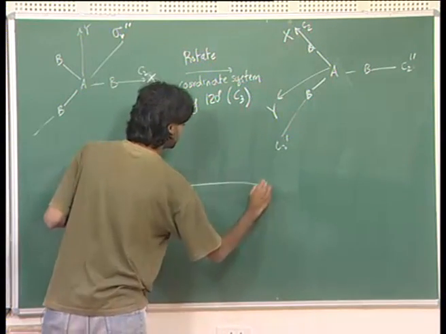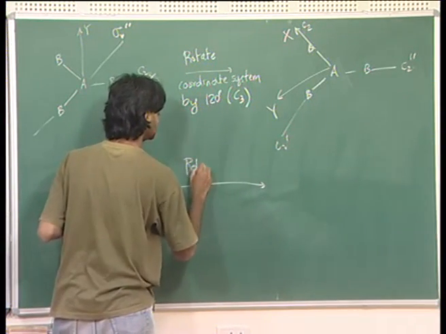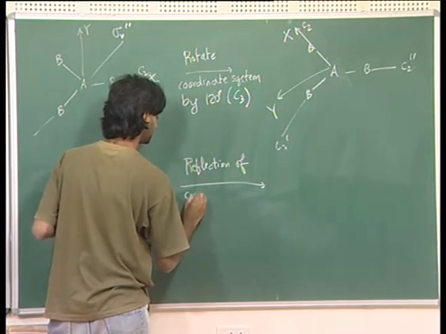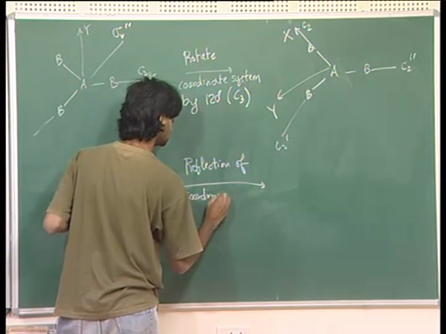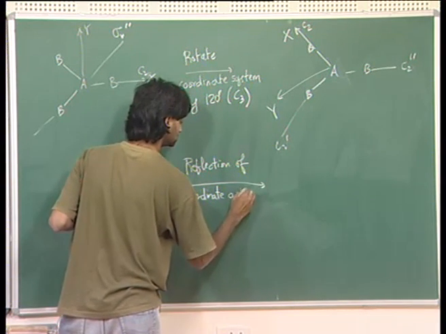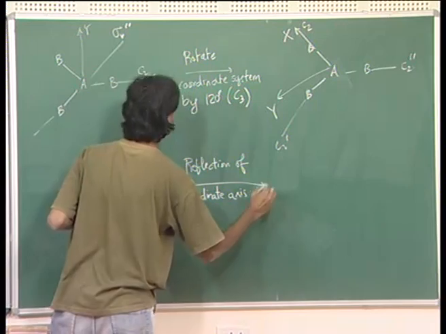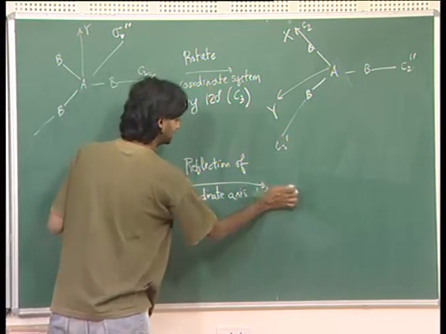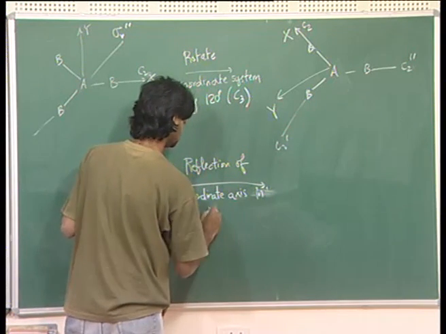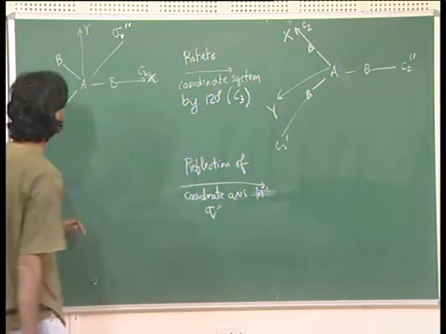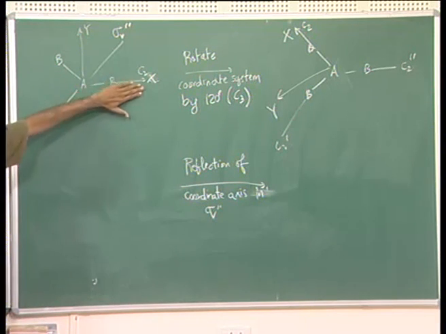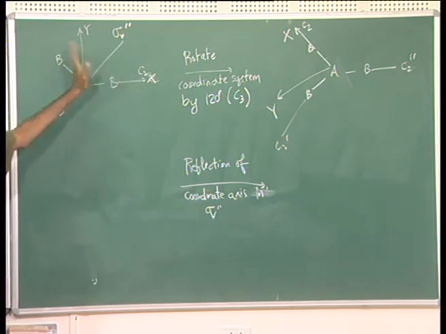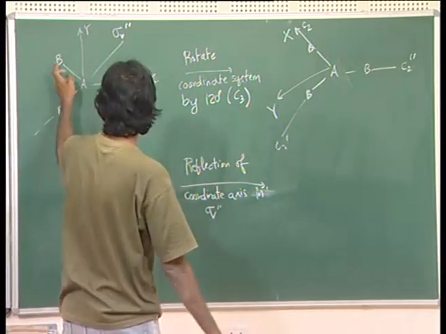Now on the other hand, if I had done reflection of the coordinate axis about sigma v double prime, then the x axis would now point here, the y axis would come here. So effectively what I would have done is switched.